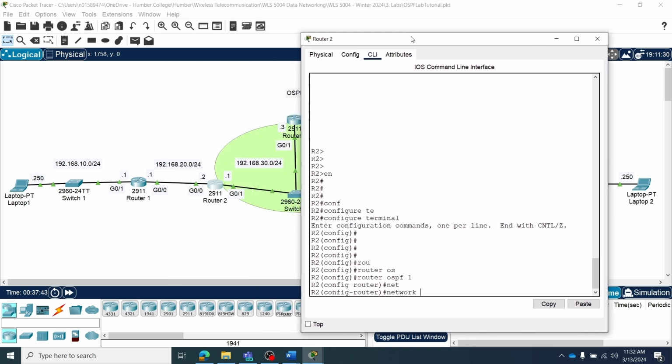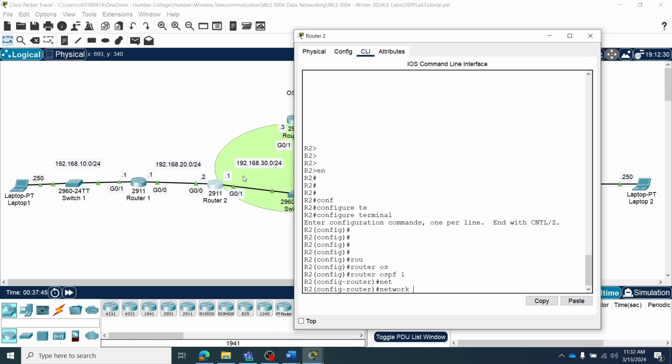So we have to add two networks: one is the 30 network, another one is the 20 network, because we are configuring router 2. Router 2 is connected to these two networks.